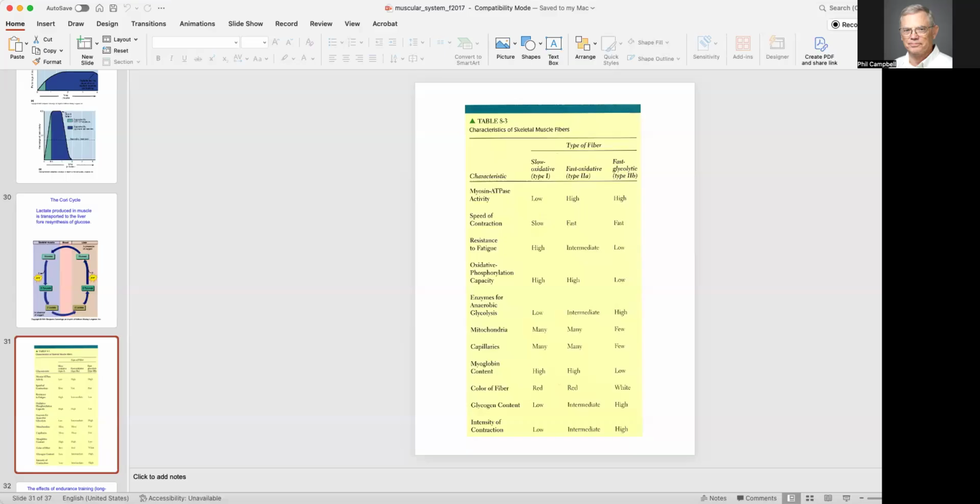All right. So when that egg and sperm mix, you have a preset ratio of these fibers. So all of you have different ratios of these fibers. That means that if you get mostly these, you have the innate capacity to be a marathon runner.